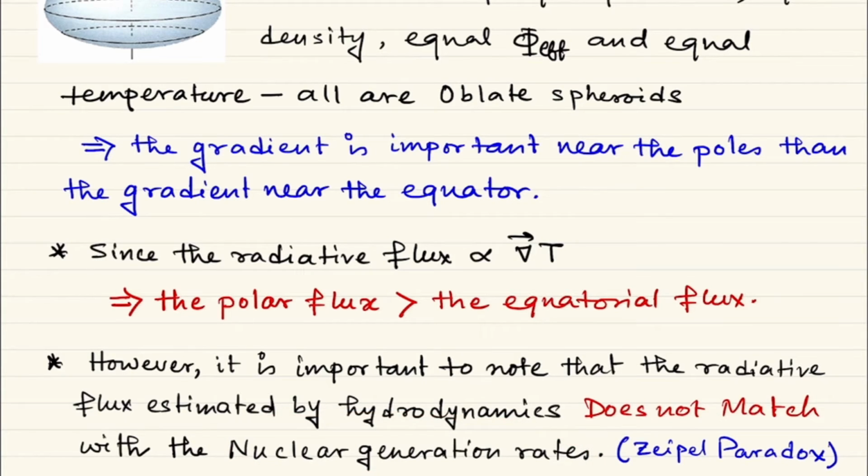This nuclear reaction gives a radiative flux estimate which does not match the hydrodynamic estimate. This was first noticed by von Zeipel, and we call it the von Zeipel paradox.